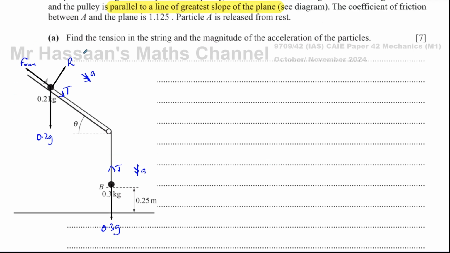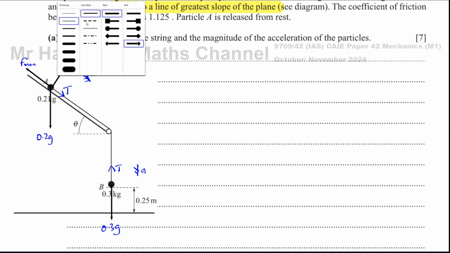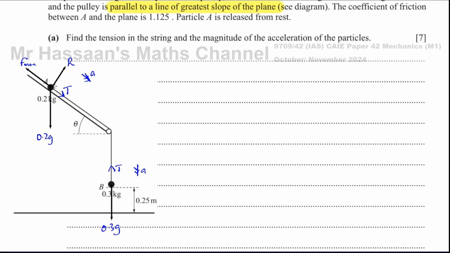All right, so what I'm going to do now is make sure all the forces are resolved perpendicular and parallel to the plane. So I'm going to take this force over here, 0.2 G newtons, and resolve it in the direction which is parallel to the plane.